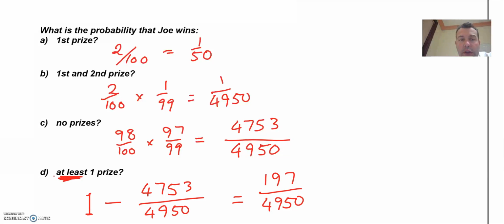Either Joe wins no prizes or Joe wins at least one prize. Right, one of those two things has to happen. So, we've already worked out how likely it is that he gets no prizes. It's this number here, 4753 over 4950. So, together, this plus my answer must add up to 1. So 1 minus this answer, right, the complement of no prizes is at least one prize. It's 197 over 4950. Check it out.